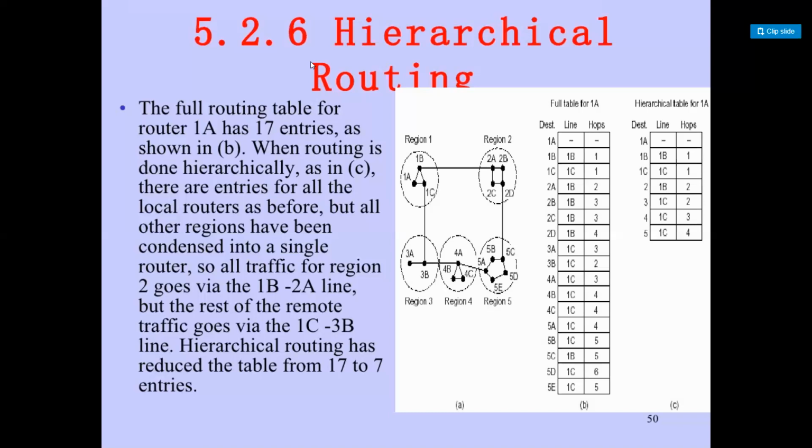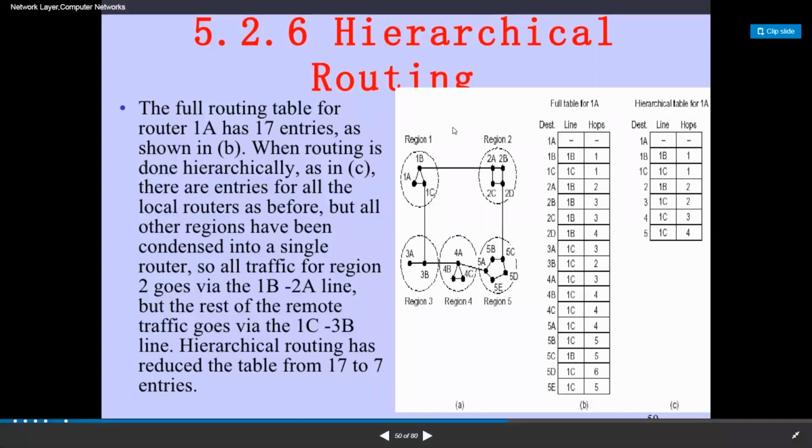So we have divided these nodes into regions. Per region, this is the hierarchical table.